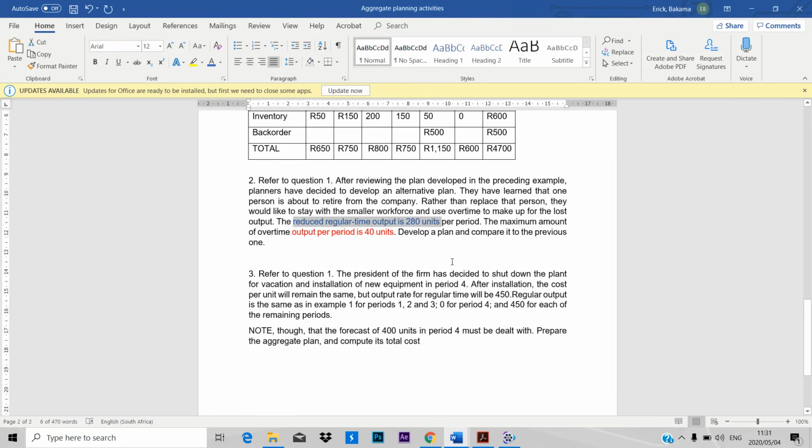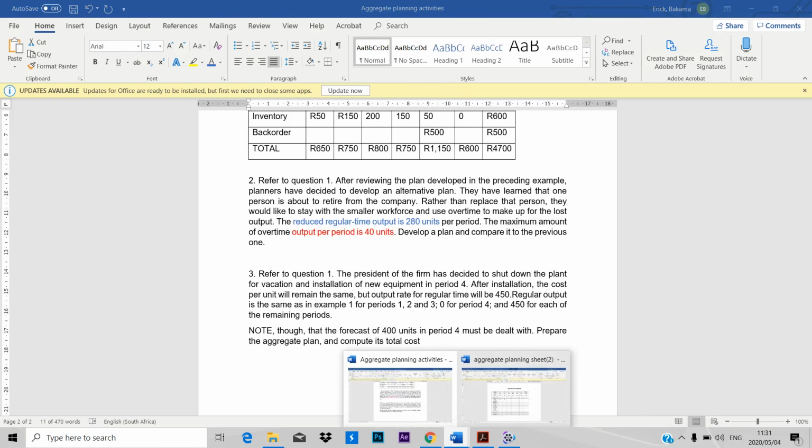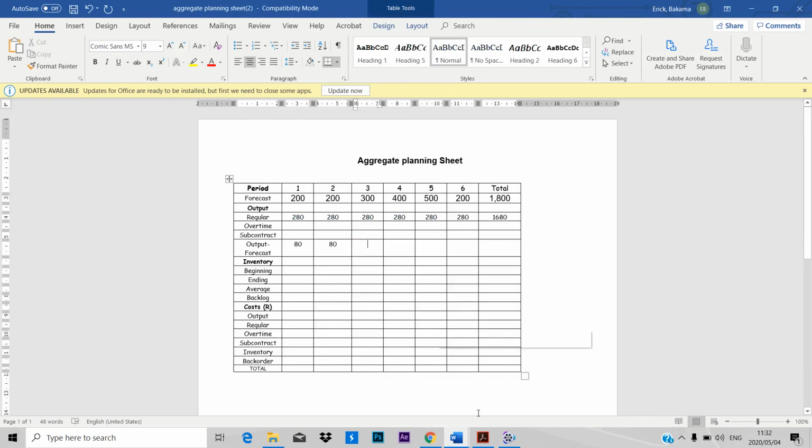When you look at the problem, they say that they've learned that the maximum amount of overtime is 40 units per period. That means every period that is in deficit, we're going to use an overtime of 40, and we go to that period that is in deficit, which is period 3.